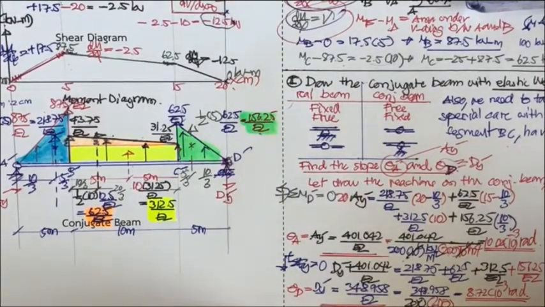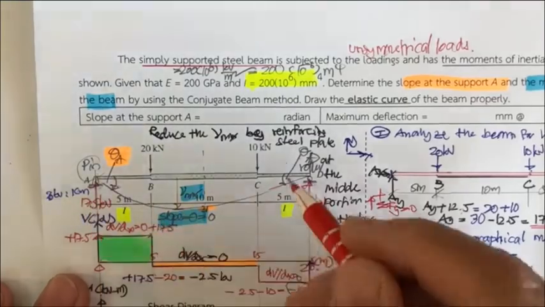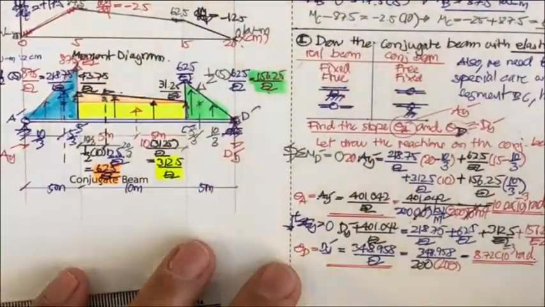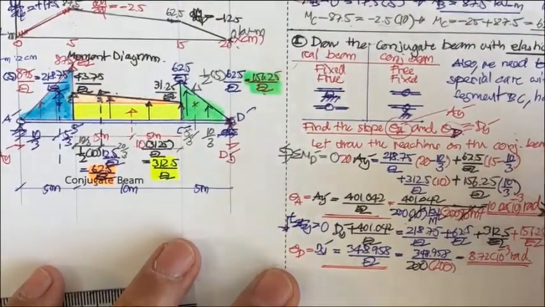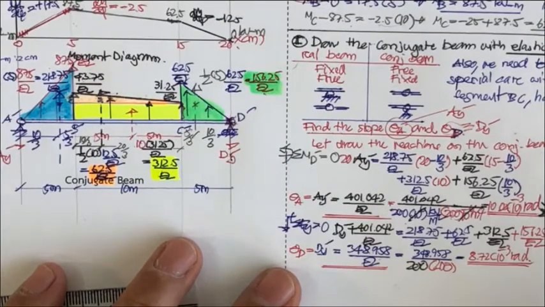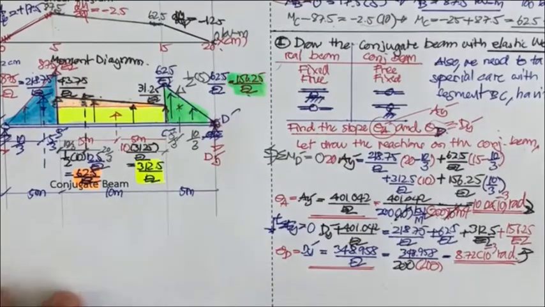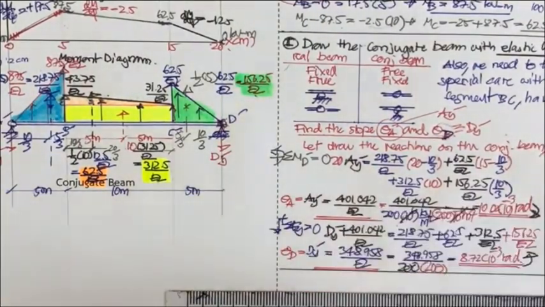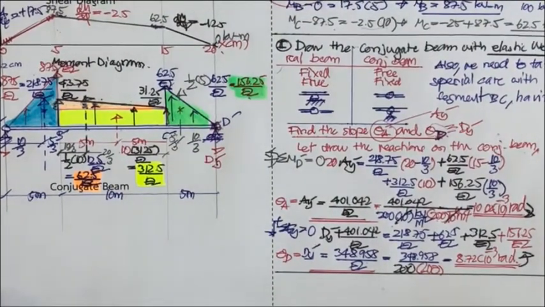And if you take a look at the pictures here, you may see this is going to rotate clockwise, and this is going to rotate counterclockwise. So this is going to rotate clockwise, okay, and the other one is going to rotate counterclockwise, in the opposite direction. Okay, that is what we have for the slope at A and D.